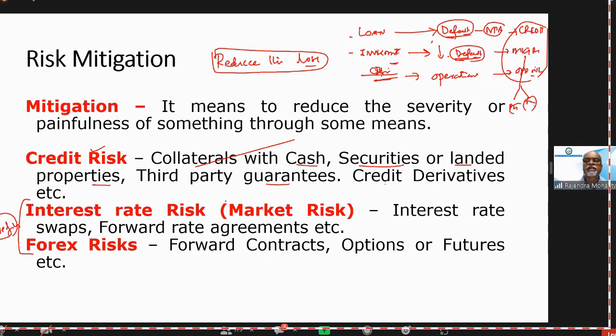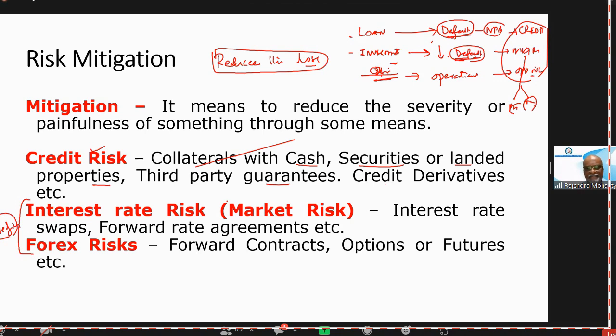Now for operational risk, what is the process banks follow to cover the losses occurring due to operational risk? What is the mitigation process? Like insurance? Yes, only insurance is the process, nothing else. Is there anything in your mind?